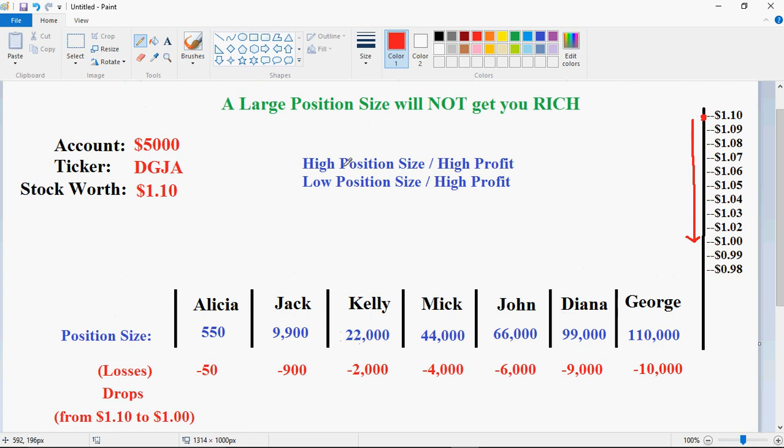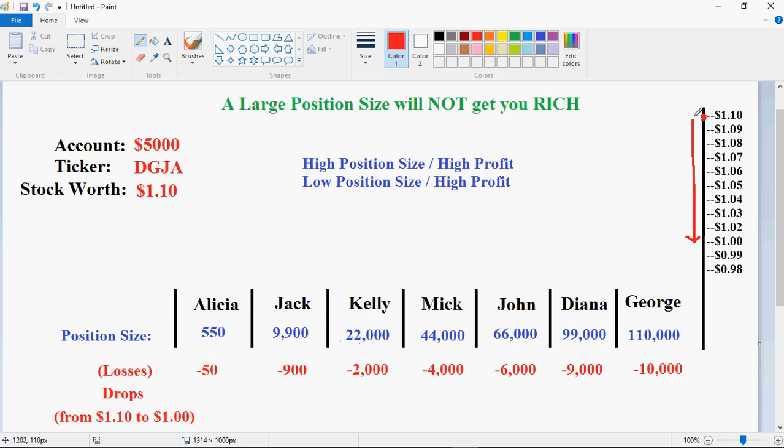Now that I've shown you why it's bad to have a high position size, here's why I like Alicia. I think 900 is kind of big, and she could still trade another 5 times. But I kind of like Alicia's position size. It's small, and look at how small the loss is.